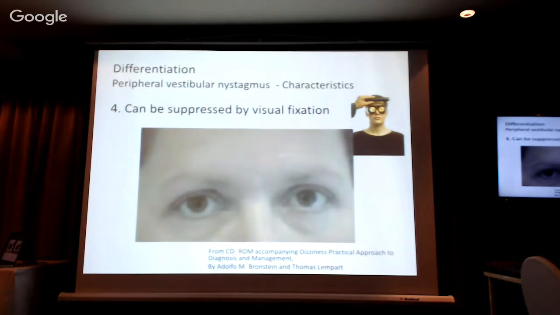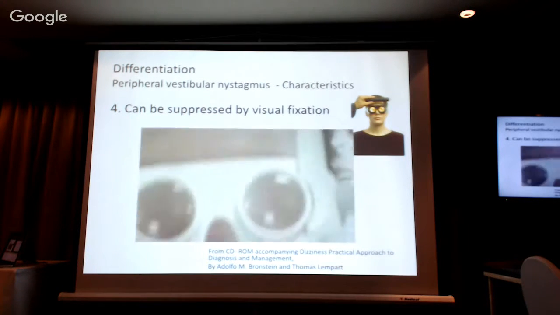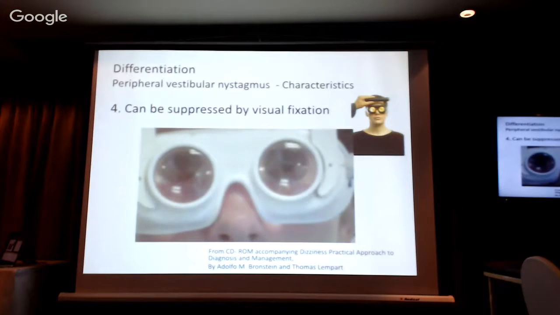If you remove the fixation by special glasses like Frenzel glasses, or you have some other glasses, we'll show them later. When you wear them, the patient can't fix onto any target, and the nystagmus will get really prominent. It seems here nystagmus is not prominent, and once you put them on, it becomes prominent.